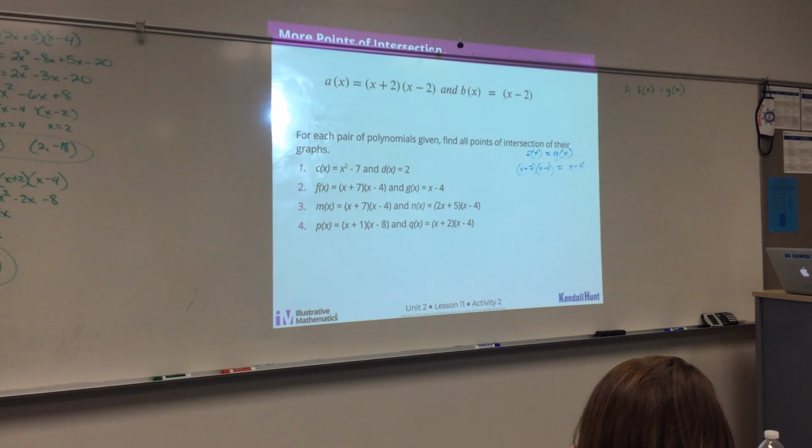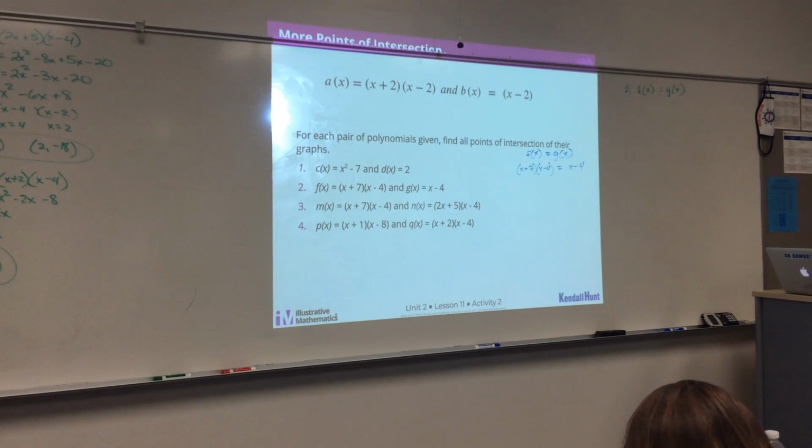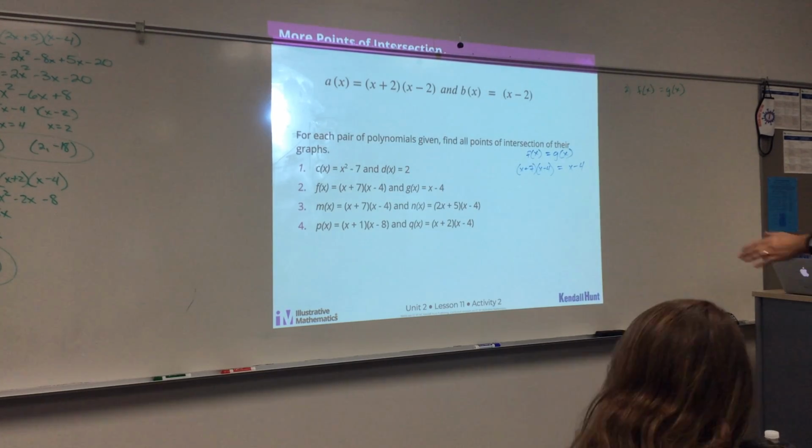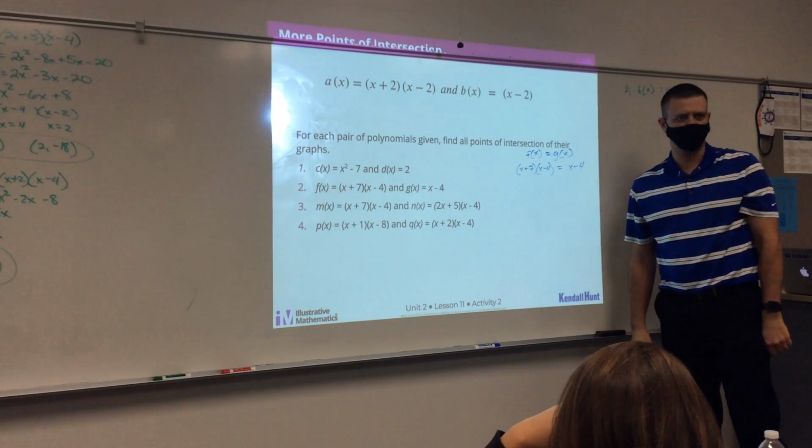Yes. The x minus 4 on both sides, right? So that tells me that if I plug in 4 for x, I'll get the same answer on both sides. In both functions, I get a y value of 0. 4 comma 0 is definitely one of the locations where this graph meets this one.